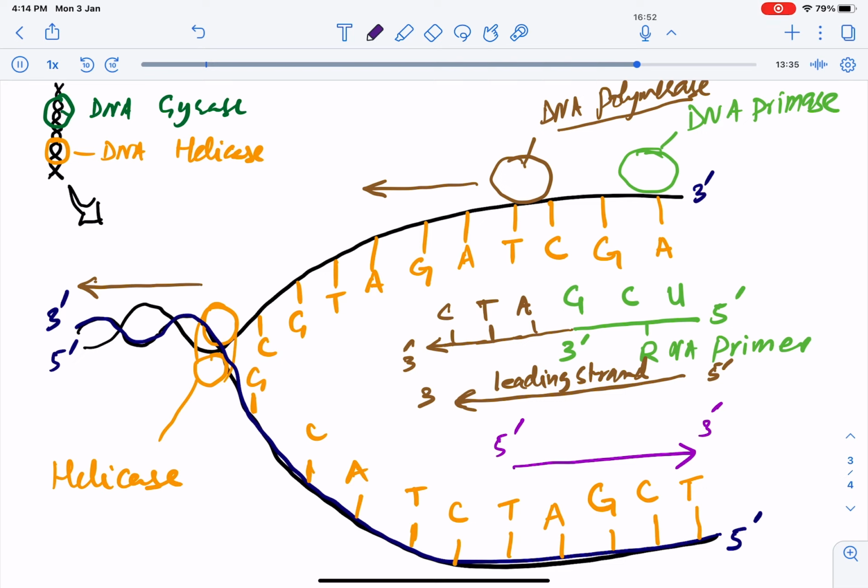Helicase will keep on moving and unwinding and unzipping these two strands apart. So every time the DNA polymerase would make a new fragment from 5' to 3' direction.